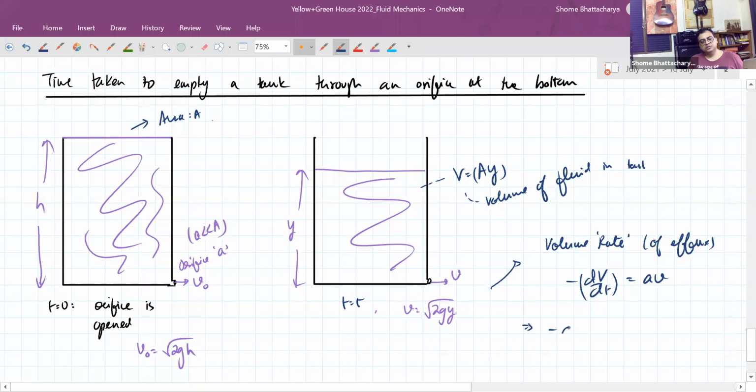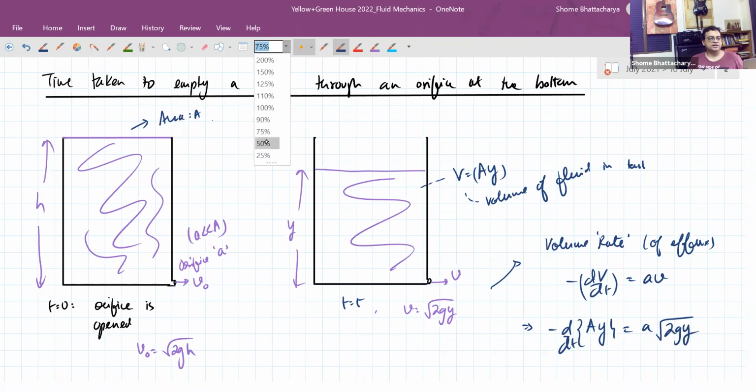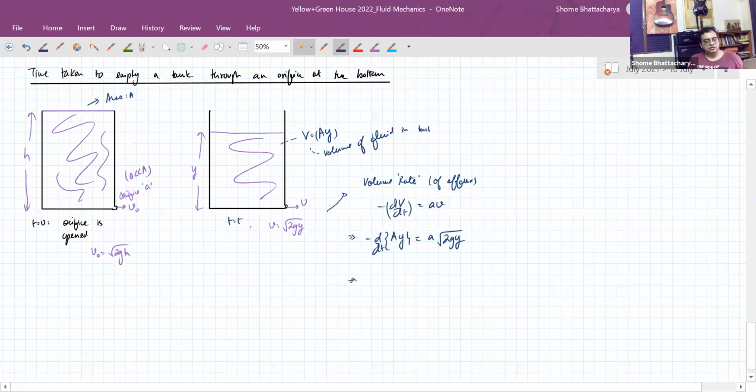So now substitute on this side the value of volume as cross-sectional area of the tank A into y. And on that side, substitute the speed of efflux as root 2gy. So we have the required equation that tells us how y is varying with time. It's varying in such a way that dy by dt is proportional to root y. So if we integrate this relation, we can get y as a function of time.